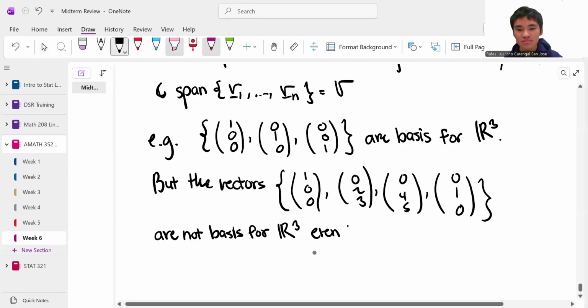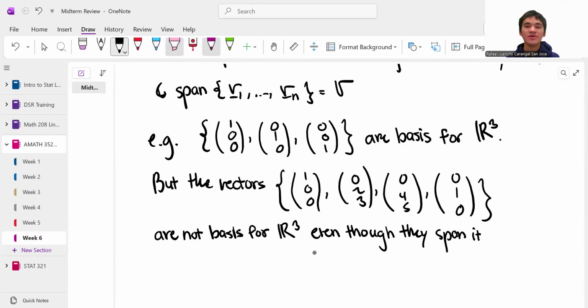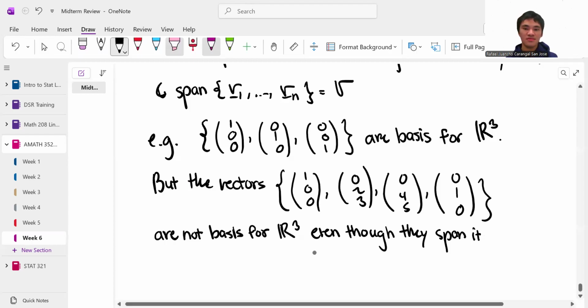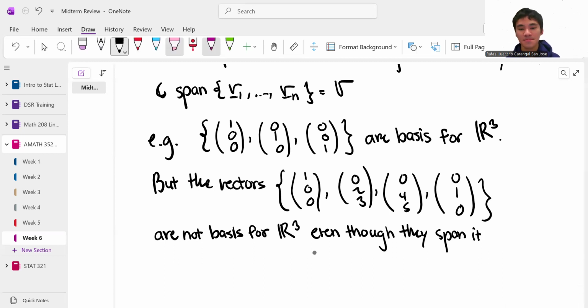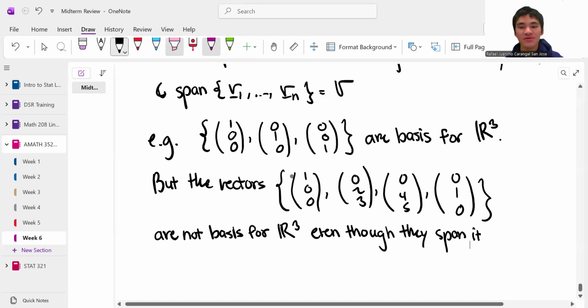Even though they span it, we can actually say that they span R3, because if we convert this into a matrix and do row reduction, we're able to get a pivot in every row.